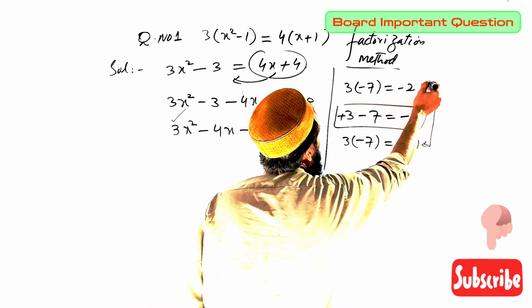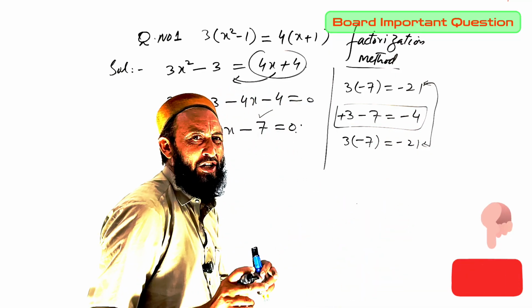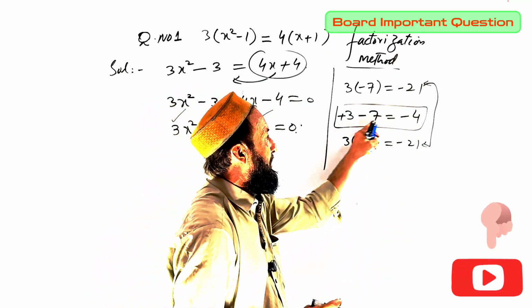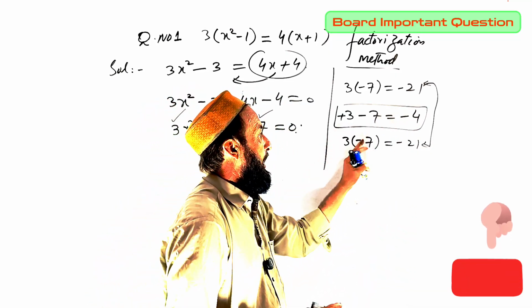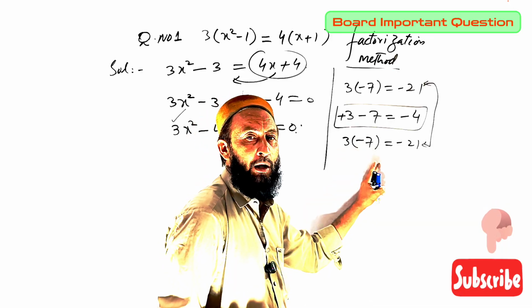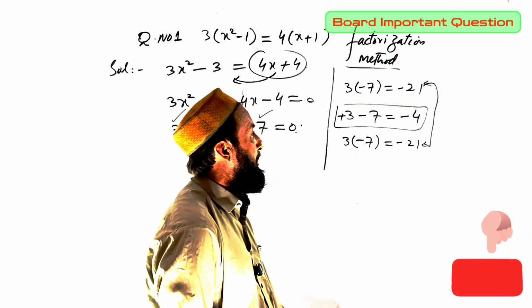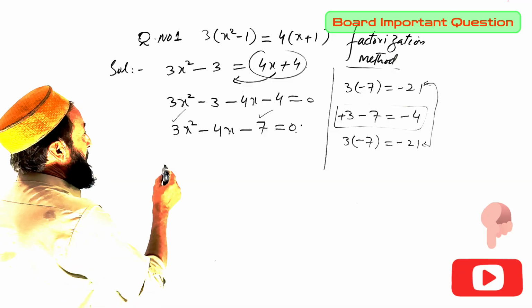This term must be the same. It means we find two integers which add to give the middle term minus 4 and multiply to give minus 21. So this is the process.